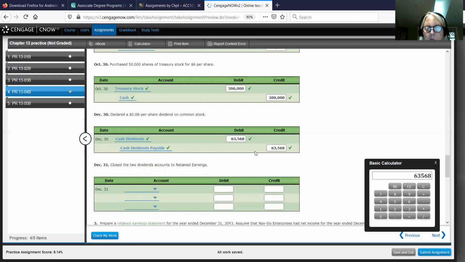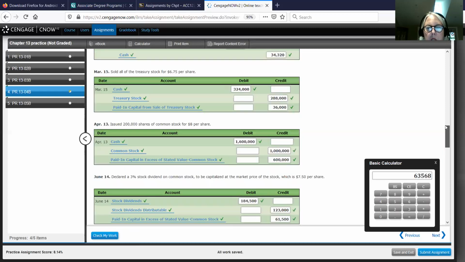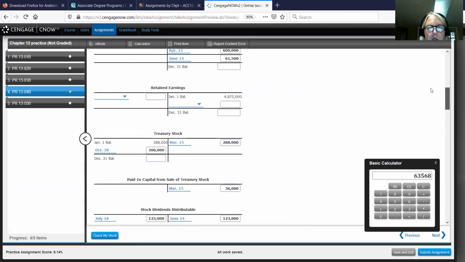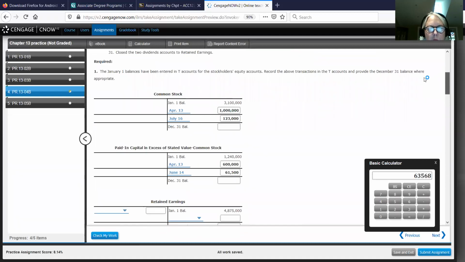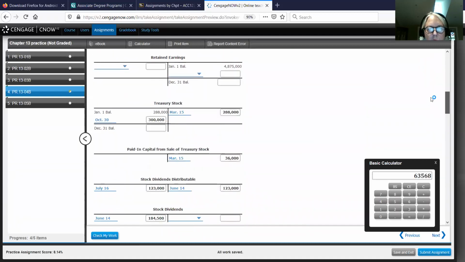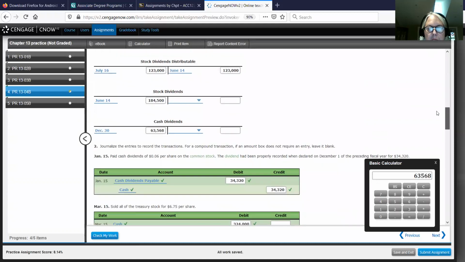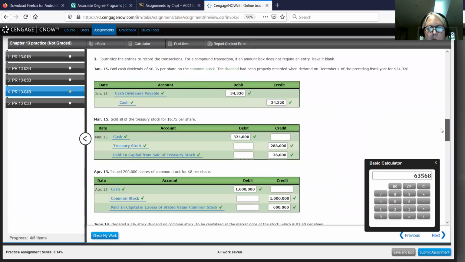And we have a credit to cash dividends payable. I don't think they put the cash dividends payable on this particular ledger account, but you would have credited it in the real world to that ledger account.